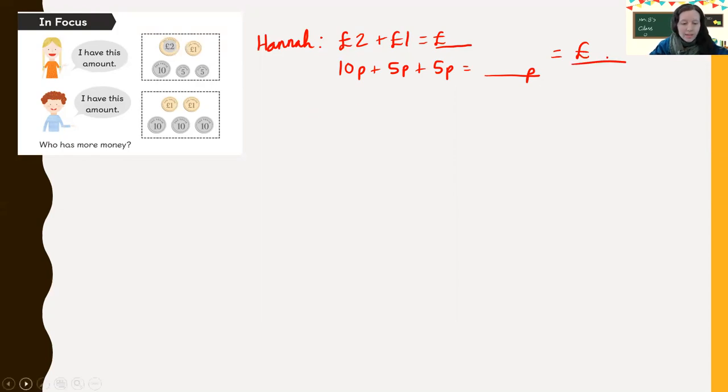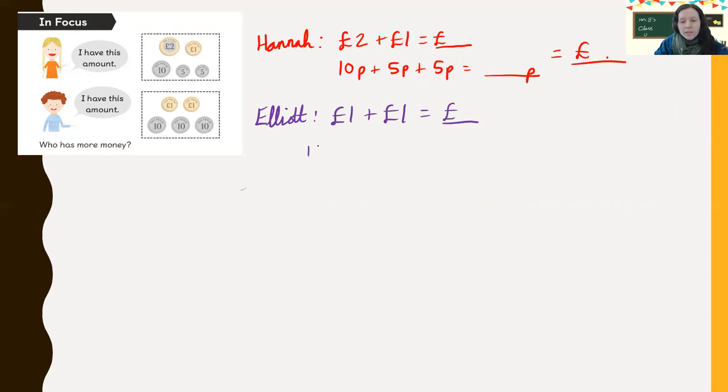Now let's look at Elliot. So Elliot has £1 and £1, which equals, nice and easy.